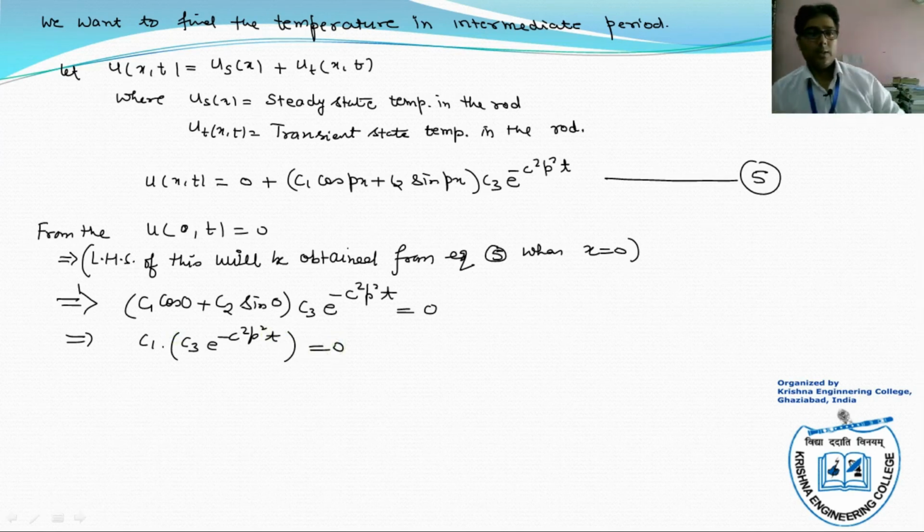Clear? Here the product of two terms is equal to 0, which is possible when one of them is 0.